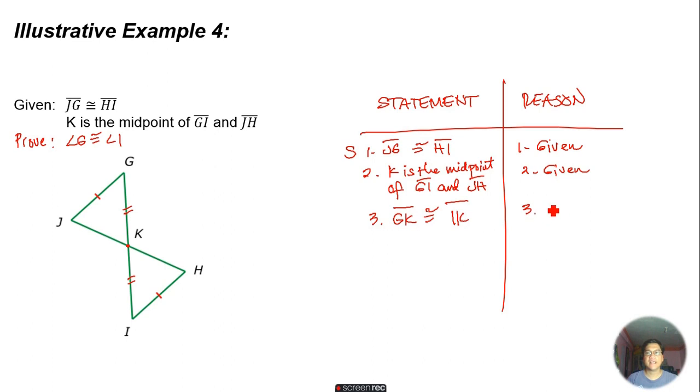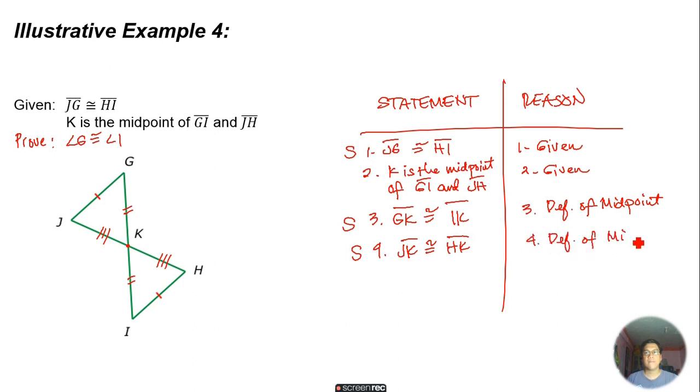Reason is definition of midpoint. Now, we can also have this one. Number 4, this is again a side. JK is congruent to HK. Our reason here is, again, definition of midpoint.